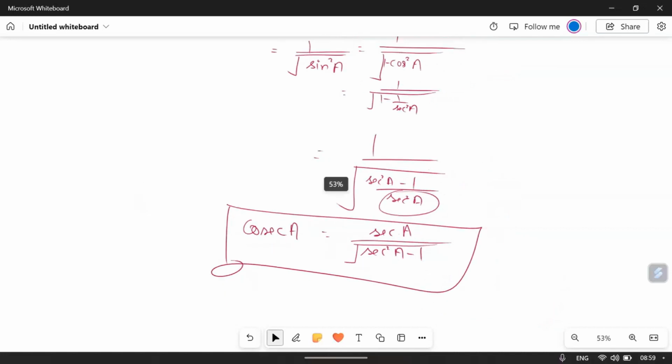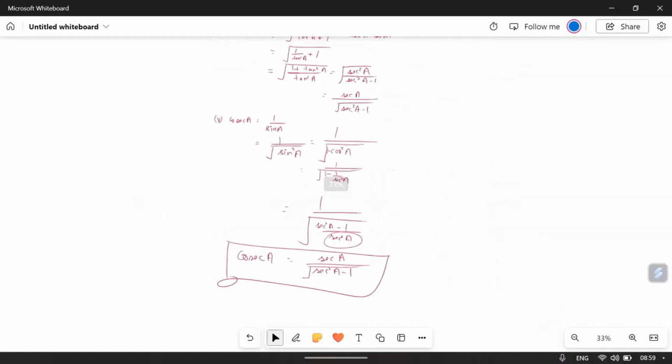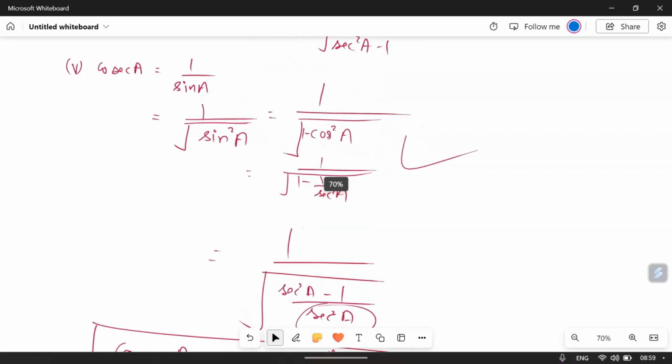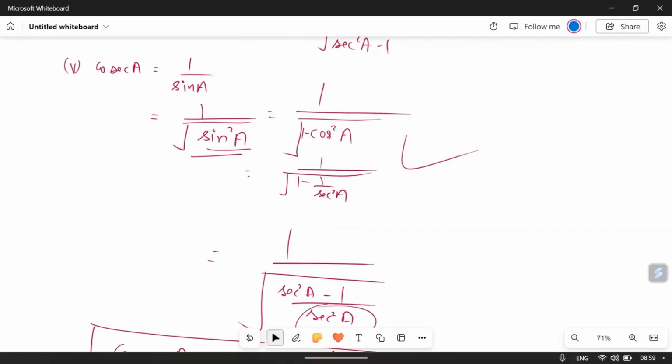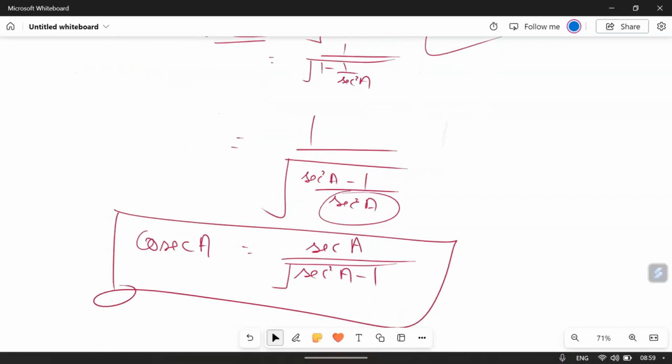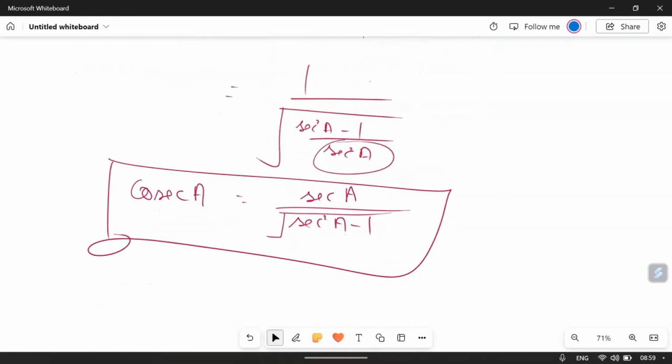You can check it. First we wrote down 1 by sin A, then we did the same process. At last we converted it into this. I hope you got it. 1 minus cos square A, then cos can be written as 1 by sec square A. Take the LCM, and after taking the LCM you will get the value.